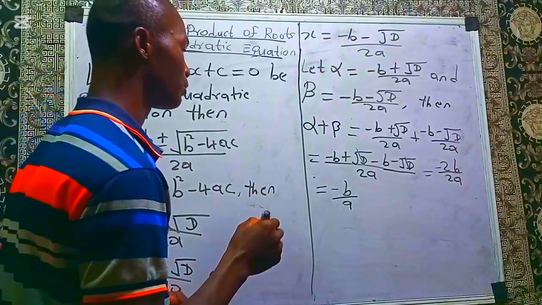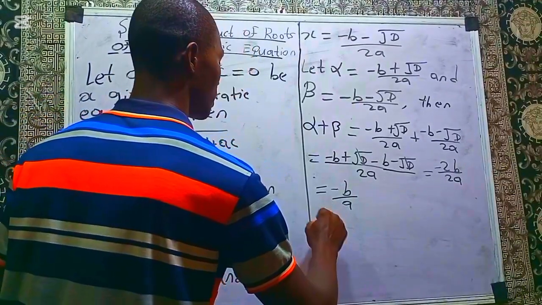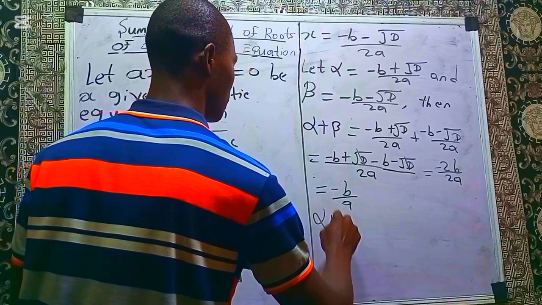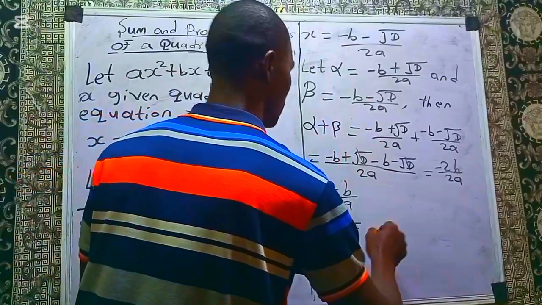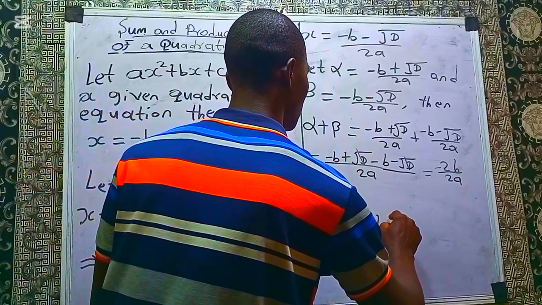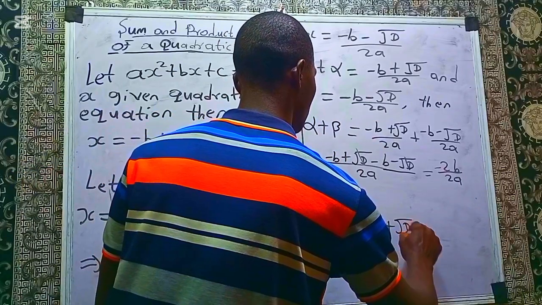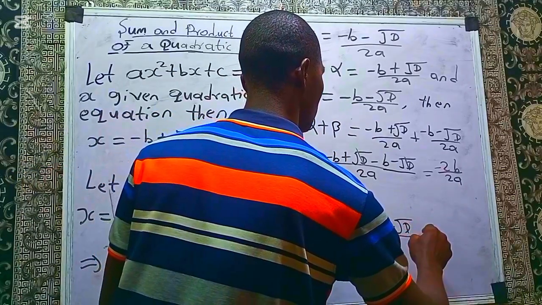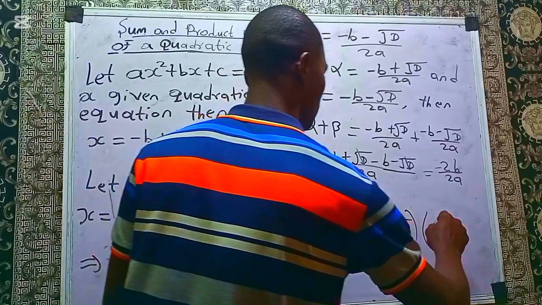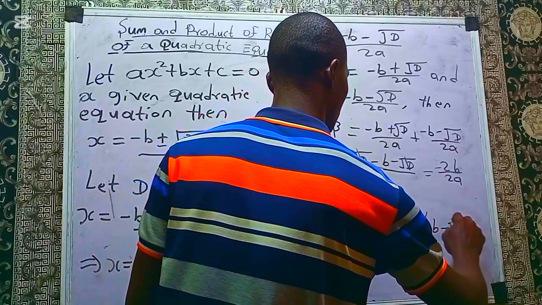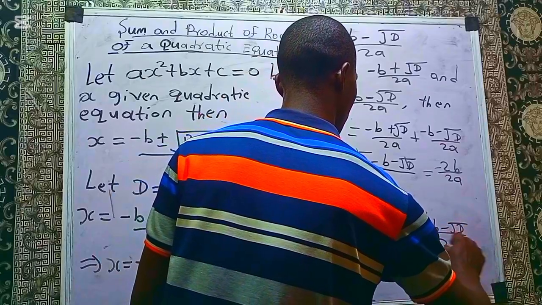So let's look at the product. The product will be alpha times beta. Your alpha is negative b plus square root of d divided by 2a, and your beta is negative b minus square root of d divided by 2a.